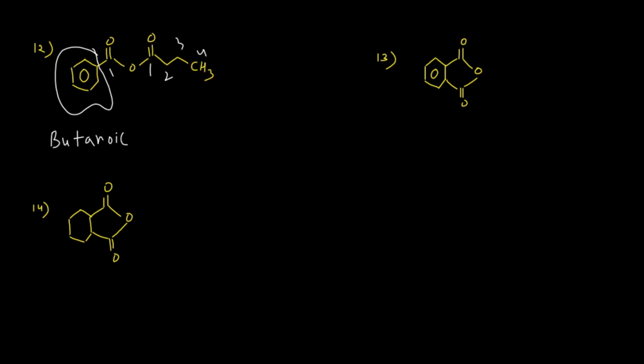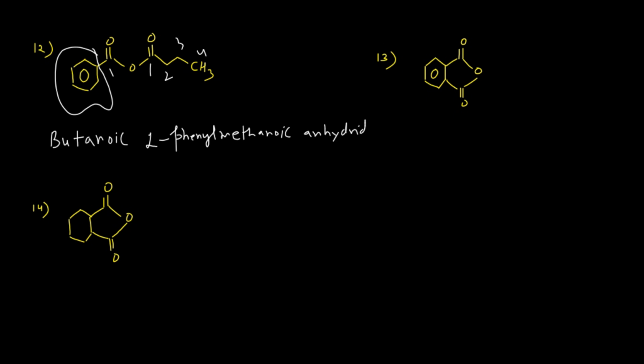Okay, and then you can see here on this carbon number 1, this phenyl substitution is there. Then you will write 1-phenyl, and then you will write methanoic anhydride.